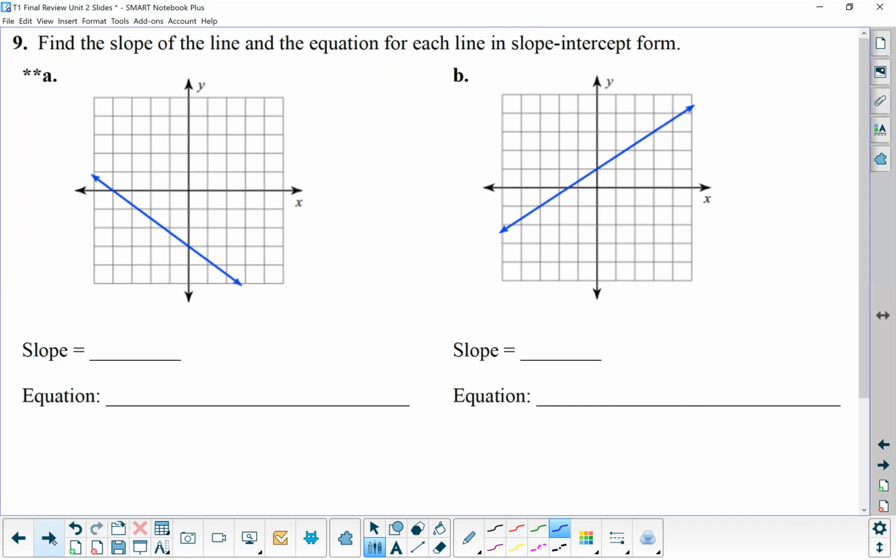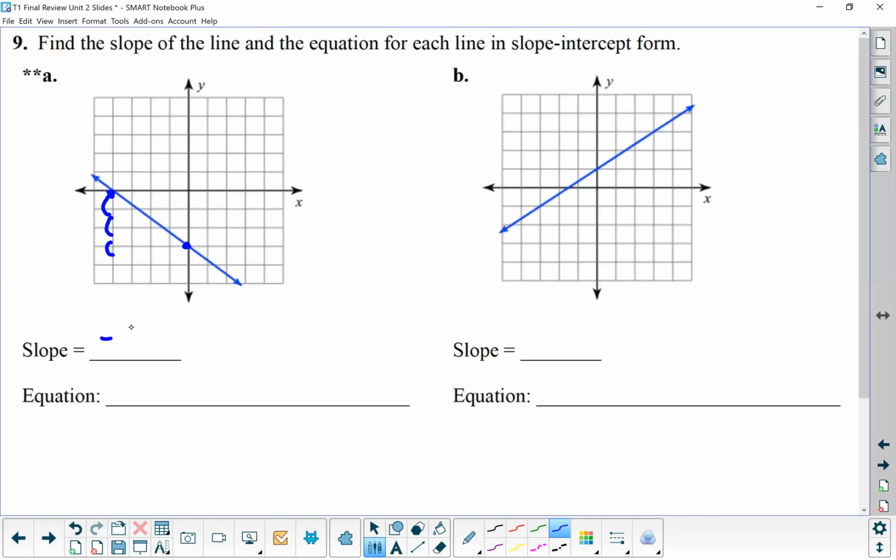For number 9, find the slope of the line and then write the equation. So we want to find 2 points. And for this line for 9a, I think there's 1 point right there. And there's 1 point right there. 1, 2, 3.